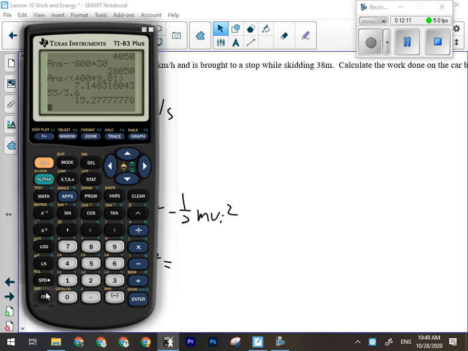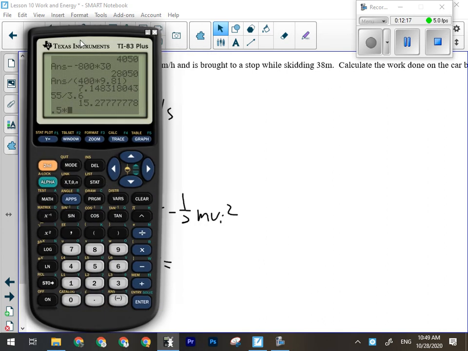So 0.5 times the mass of the car, which was 1,165, times our answer there, 15.277 squared. So there's how much work is being done on the car by the brakes in order to stop it.